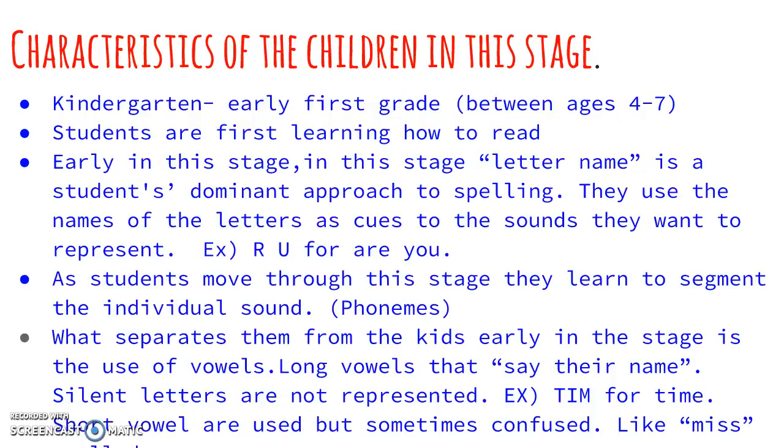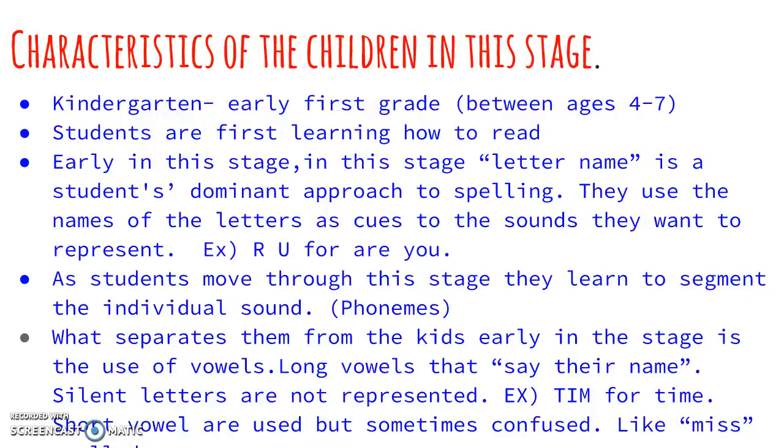So, characteristics of children in this stage. They're normally in kindergarten and early first grade, and between ages 4 and 7. Students are first learning to read in this stage.